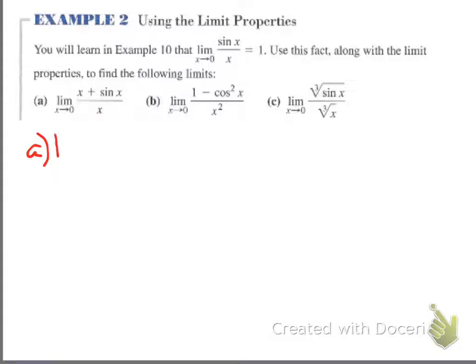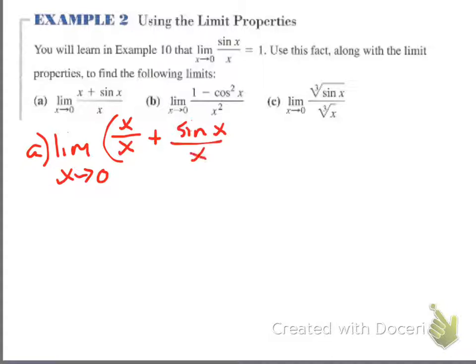Well, what we can do is rewrite this. We can do x over x plus sine x over x. So I can take this and split it up into two fractions.